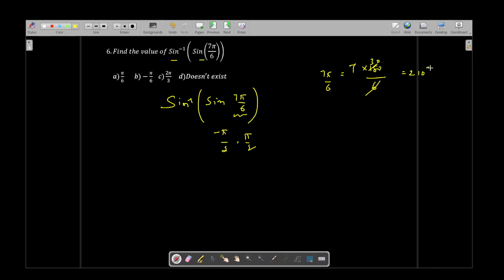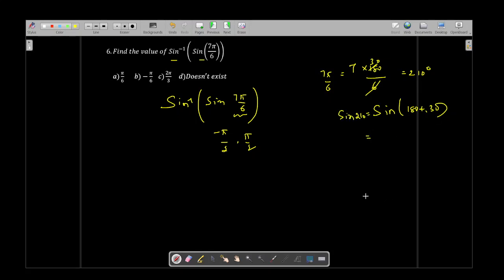So 210, I can write this as sine of 180 plus 30. Sine 210 is equal to sine 180 plus 30.